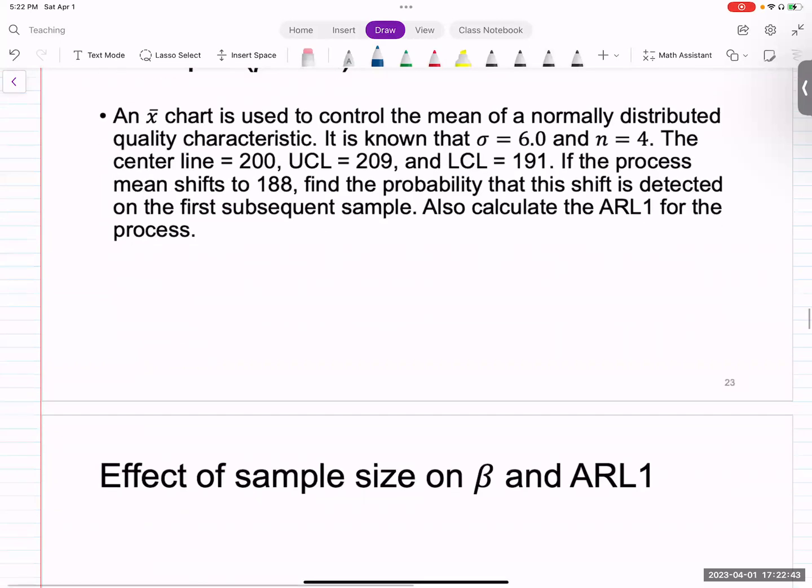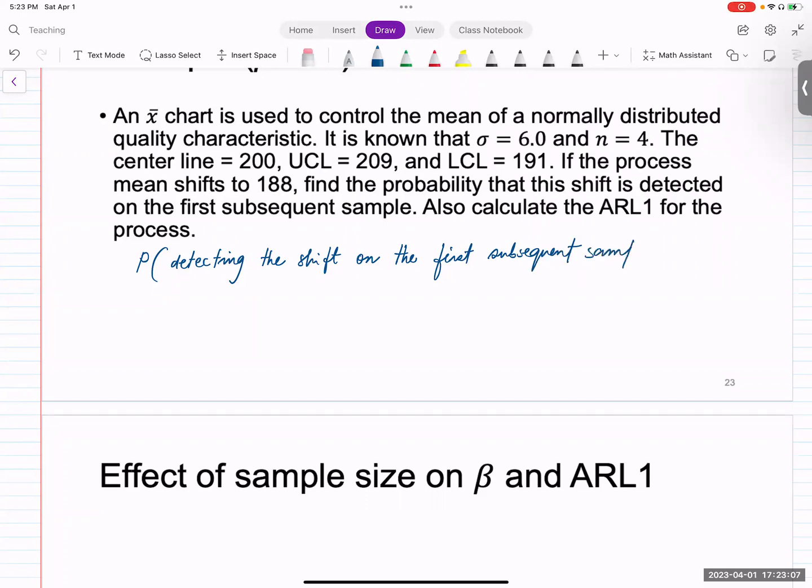So in this case, we're interested in answering the probability of detecting the shift on the first subsequent sample, given the process is out of control.